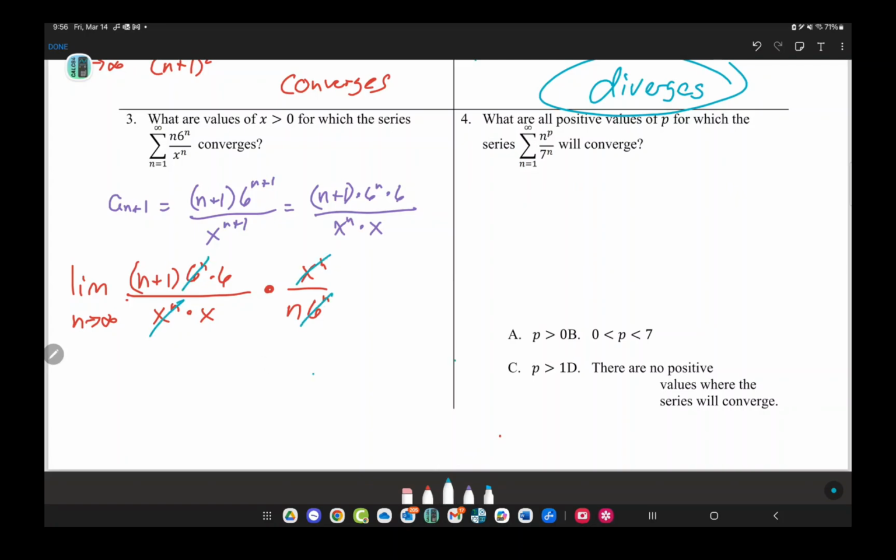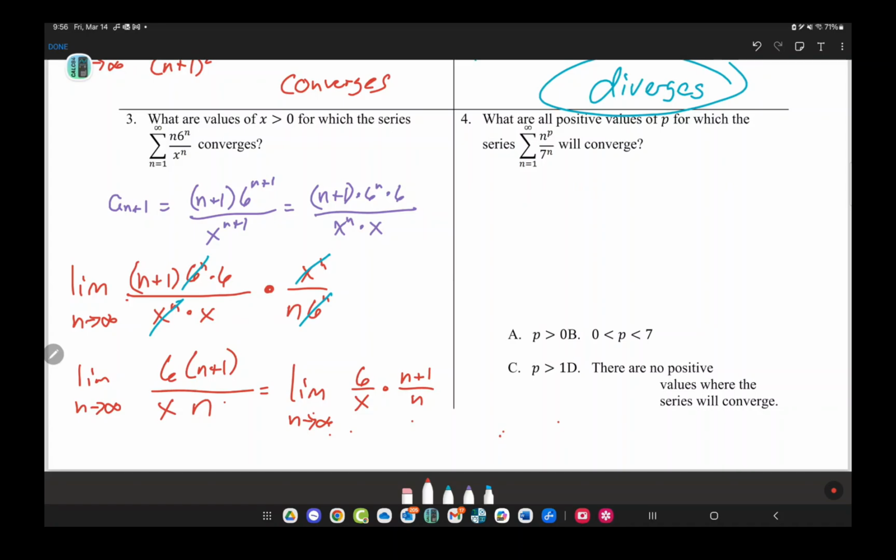We're left with the limit as n goes to infinity of 6 times n plus 1 over x times n. We could write this as the limit of 6 over x times n plus 1 over n.